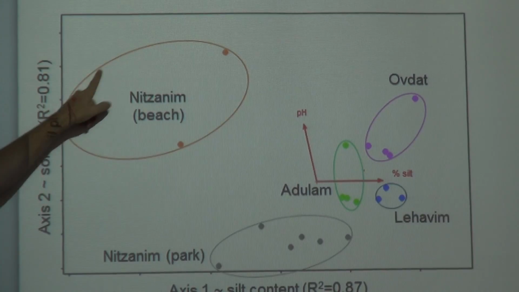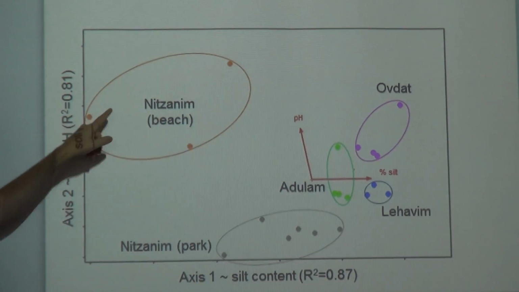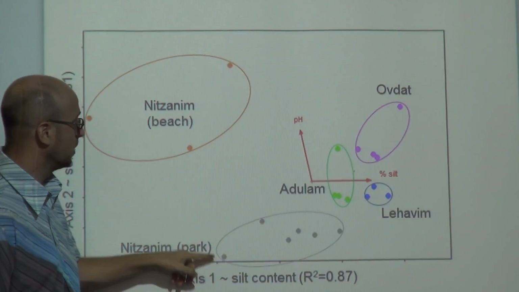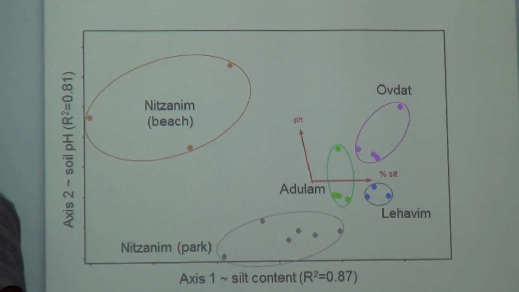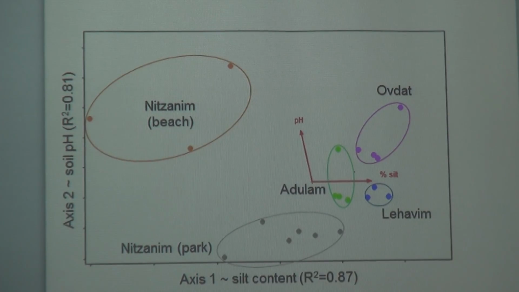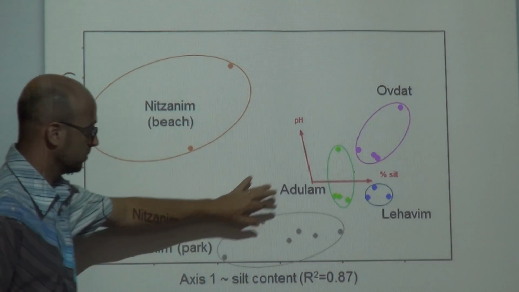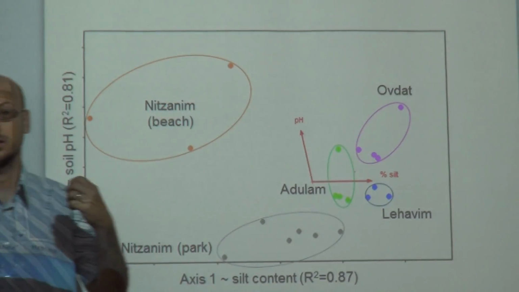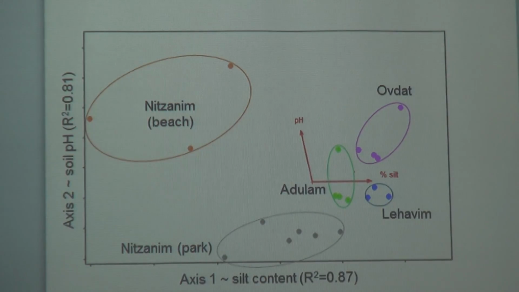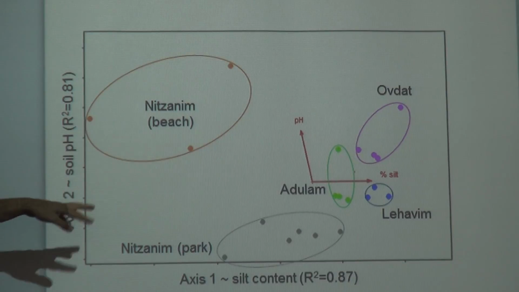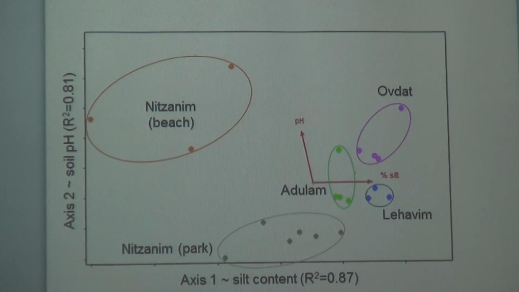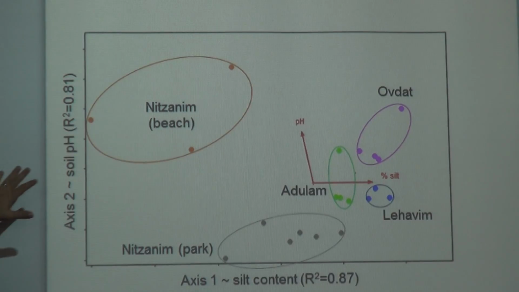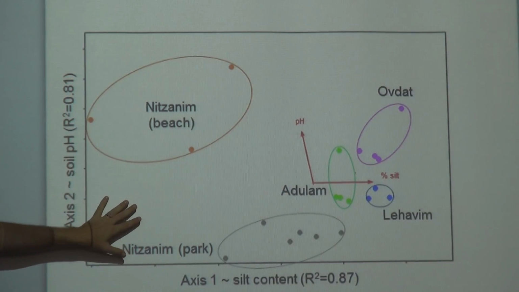So we have samples from different areas. 1, 2, 3, 4, 5 areas, and in each area we have replicates. In each of the 5 areas we have 6 replicates, and we did the ordination.